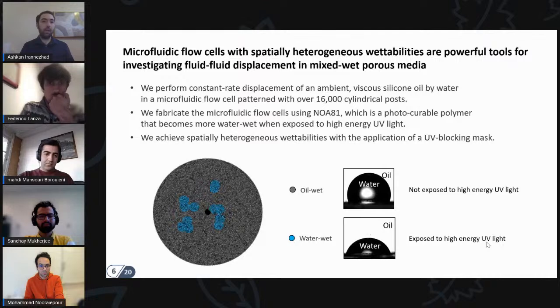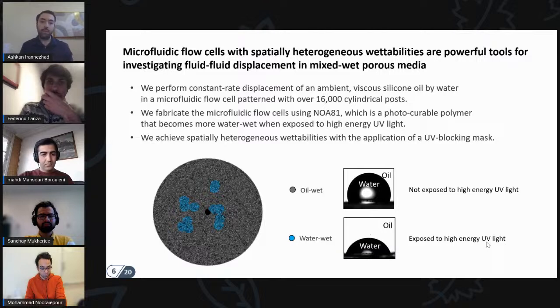So now we are trying to understand the effect of mixed wettability on fluid-fluid displacement. For that, we utilize microfluidic flow cells with spatially heterogeneous wettabilities. We perform constant rate displacement experiments of ambient viscous silicone oil by water in microfluidic flow cells that consist of more than 16,000 vertical cylindrical posts.